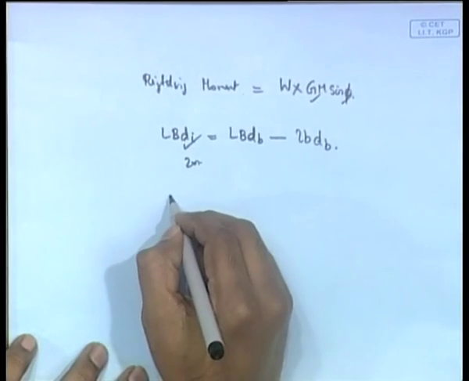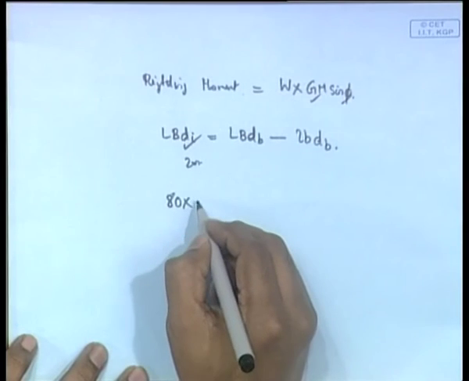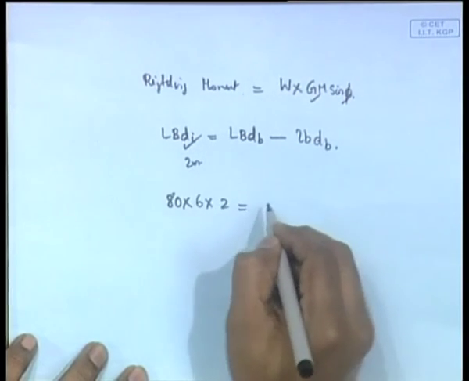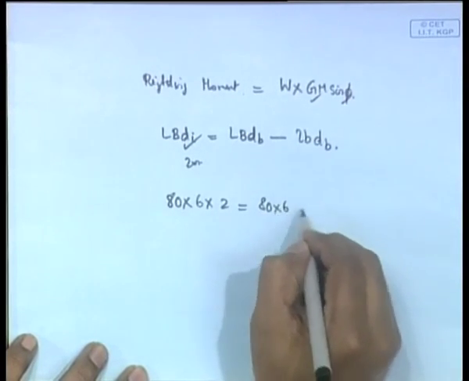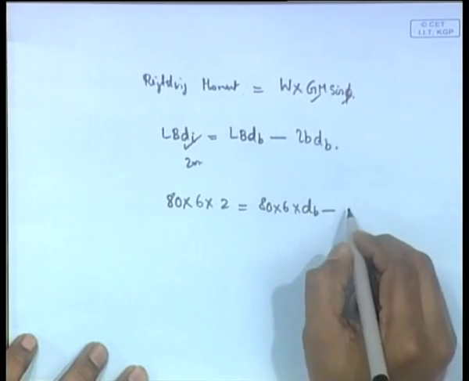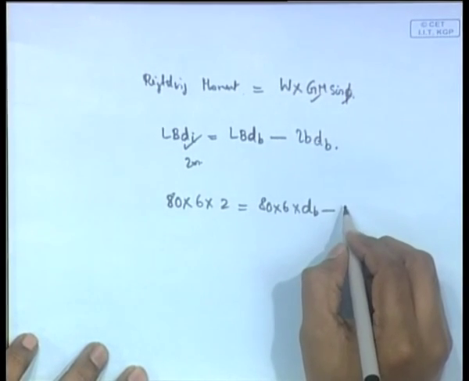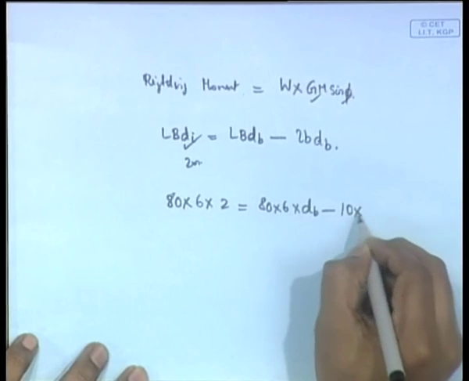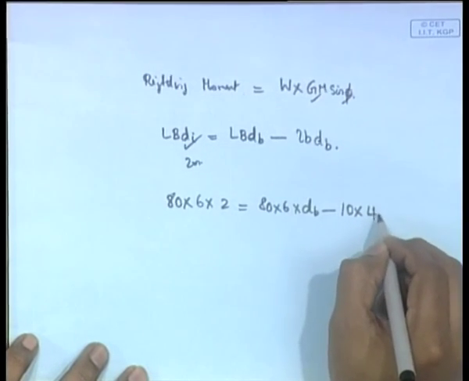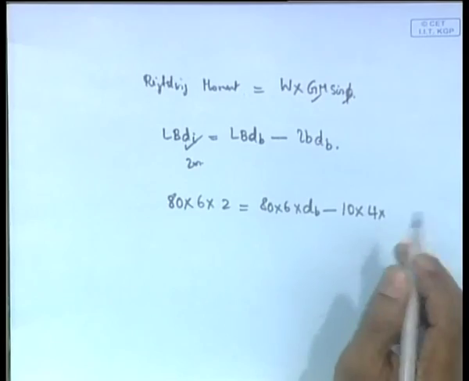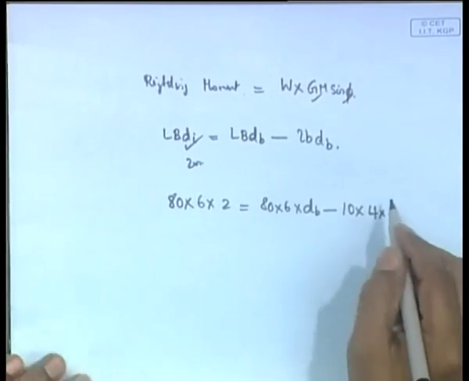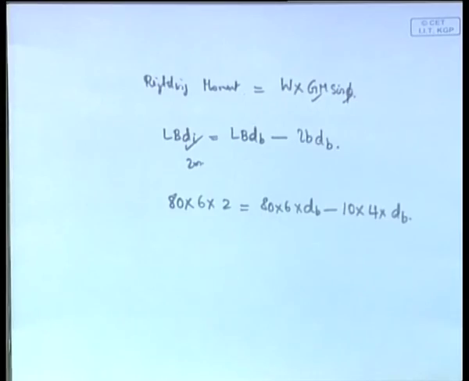So 80 into 6 into 2 is equal to 80 into 6 into dB minus l. L is the length that is flooded, that is 10, into, and the only thing that is different is that the whole breadth of the ship is not flooded, only 4 meters is flooded. So 4 into dB. You can straight away calculate dB, which is your draft.